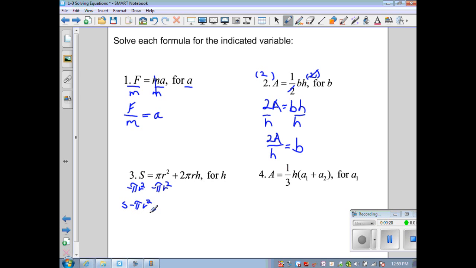And on the right side, we're left with 2 pi rh. I'm solving for h, so I will let pi and r just represent real numbers. And when I do that, I can just divide by 2 pi r on both sides. On the right side, all my terms will cancel out, leaving me with h, which is what I want to solve for. And on the left side, S minus pi r squared over 2 pi r.